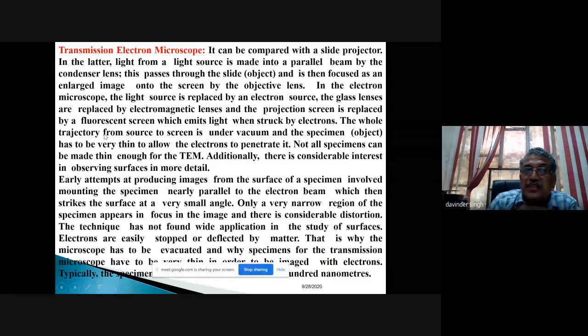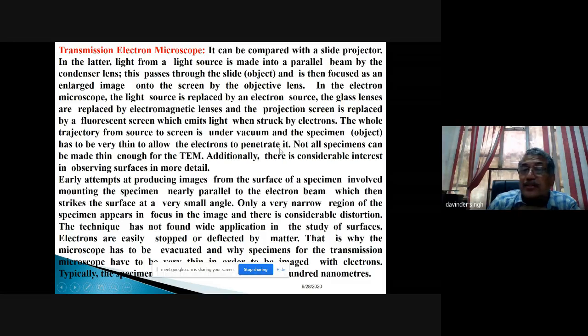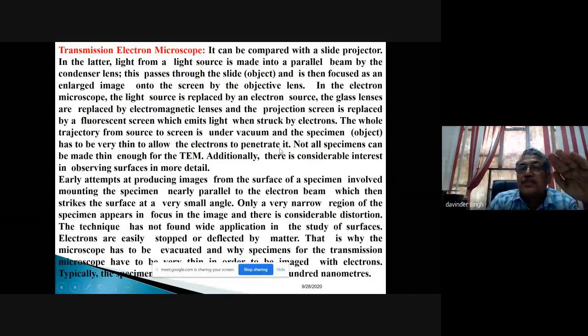The whole trajectory from the source to the screen is under vacuum, and the specimen has to be very thin to allow the electrons to penetrate it. Like earlier, where the slide had to be transparent to light, in the same way the sample should be thin enough so that the electrons can penetrate, because of the energy limitation we have.